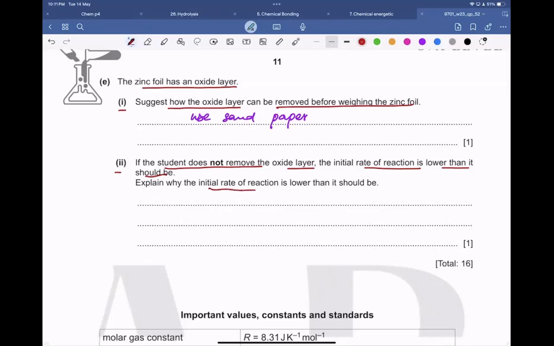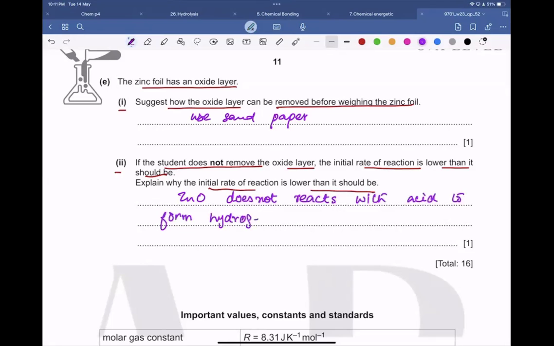Explain why the initial rate of reaction is lower than it should be. The thing is that if the layer is not removed, there is zinc oxide, right? Zinc oxide does not react with acid to form hydrogen gas.